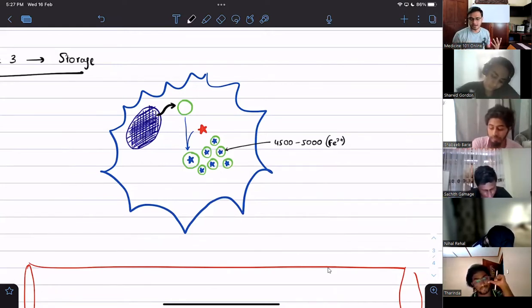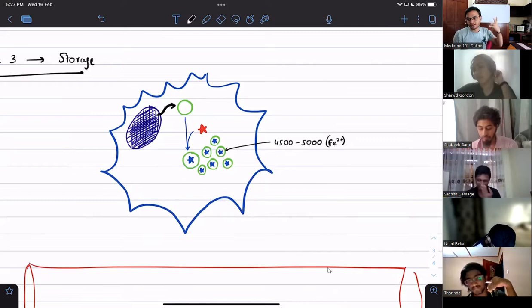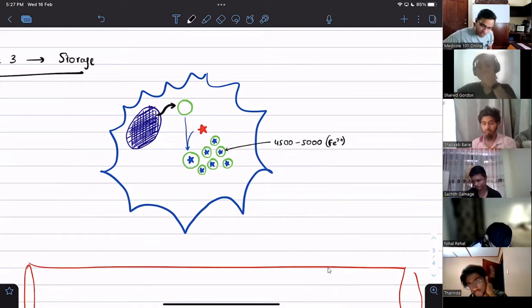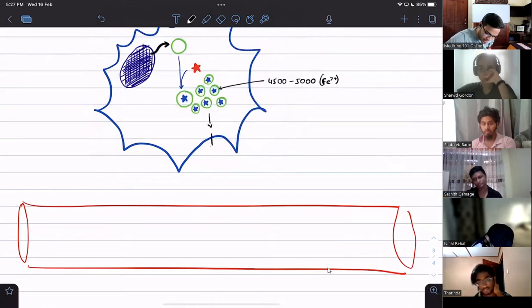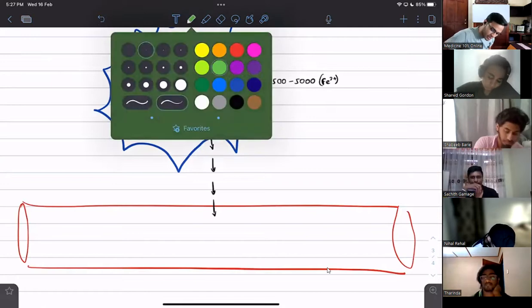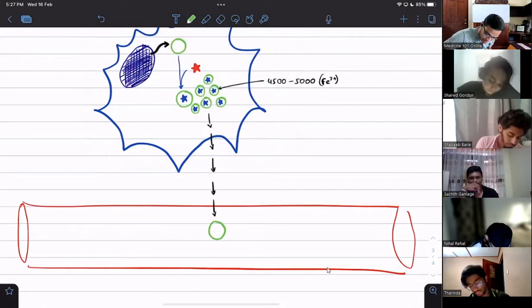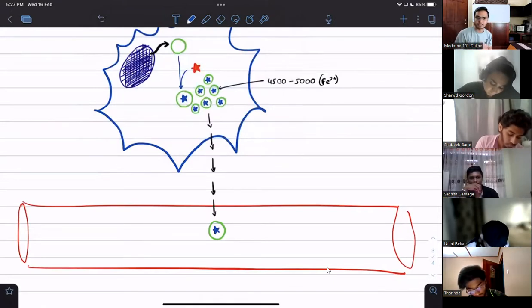If our body's iron is low, we want to take it. That's why we are storing it. Why else would we store iron? We are storing it to take it whenever we need. So just know, guys, according to the body's requirement, some of these ferritin molecules can come into the blood. I will teach you what happens once it comes into the blood. For now, let's leave it there.